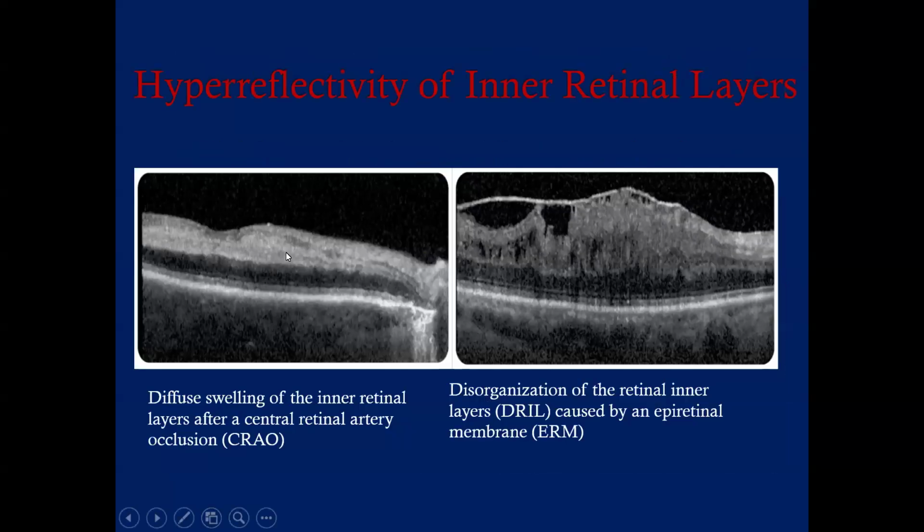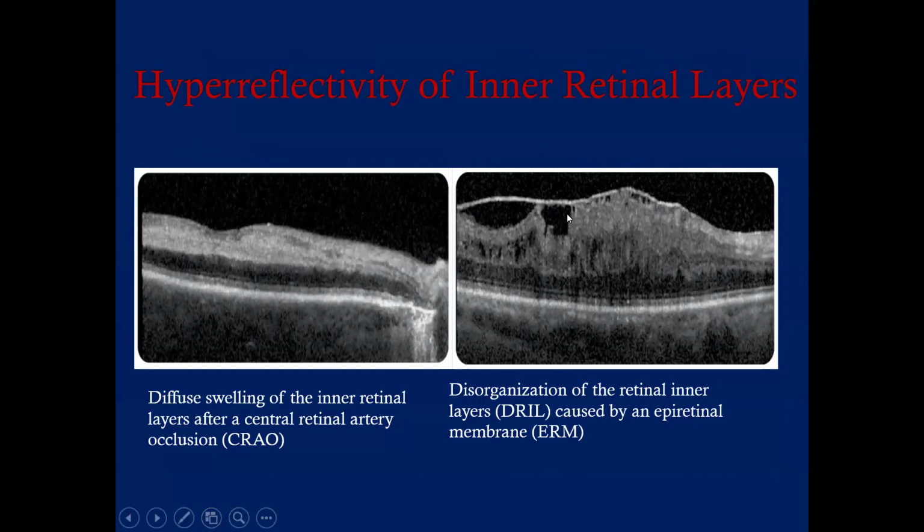Such cases will present to you with diffuse hyperreflectivity of the inner layers, and this is due to central retinal artery occlusion. There is no sign of fluid, not in the subretinal space nor the intraretinal space, but it's diffusely opaque. It's due to central retinal artery occlusion, causing diffuse edema of the nerve fiber layer.